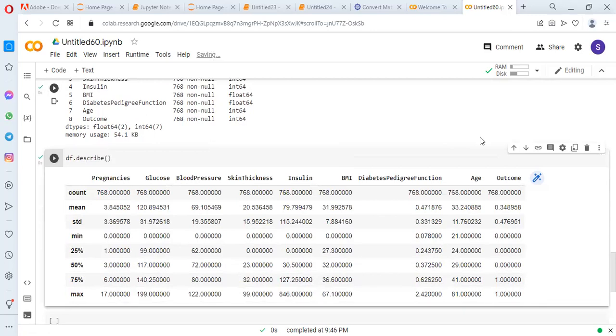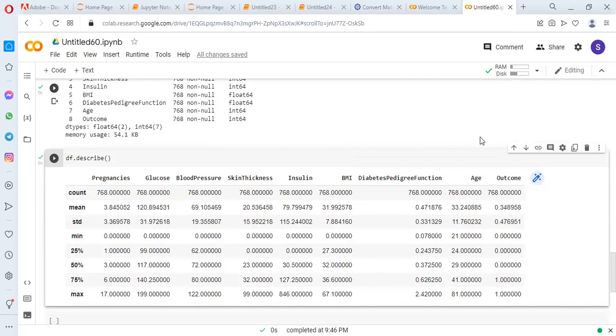This describe function has a statistical significance for the data set, that is, the statistical minimum. It gives the statistical measurements of my given data set.